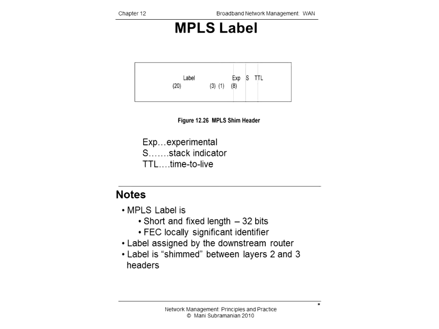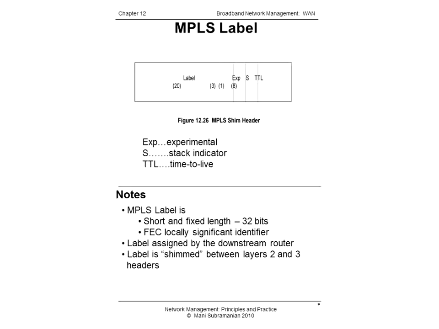So it comprises a 20-bit label, 3-bit experimental, a 1-bit stack indicator, and 8-bit TTL, that is time to live information, in that sequence. So the label is assigned by a downstream router. We will see this later on.